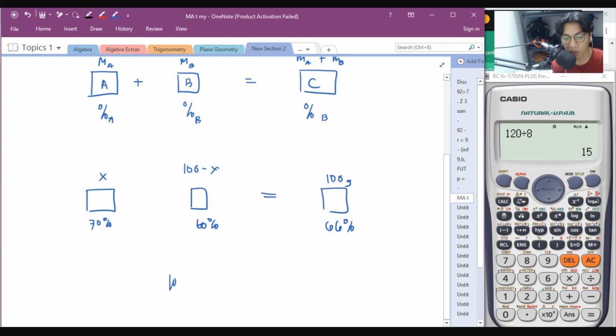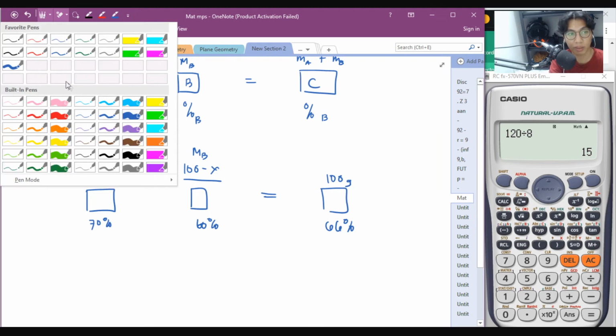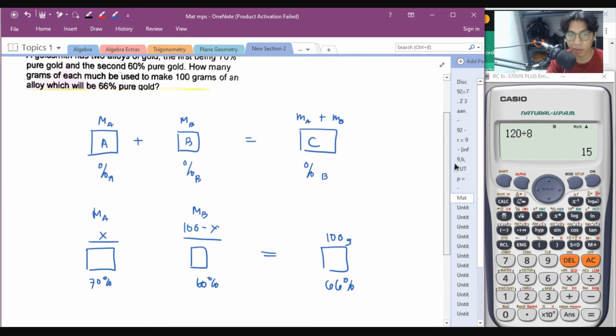Tignan natin. 100 minus x plus x will be equal to ilan? Hindi natin alam, di ba? Yung total mass ang pinag-uusapan, yung mass ni A, yung mass ni B. Okay, cancel ito. Pwede, 100 grams ka ang total, binaliktad ko lang algebraically. Okay? So, pwede kang mag-yield dyan.